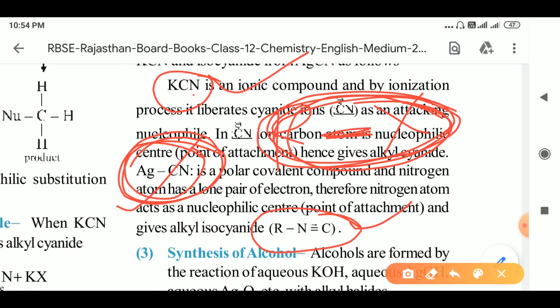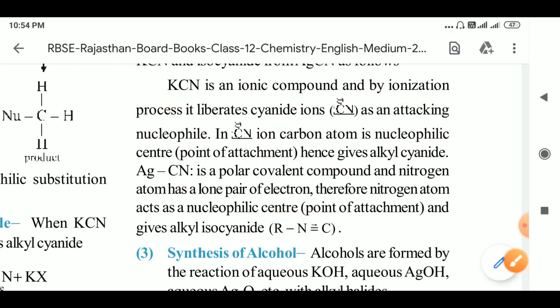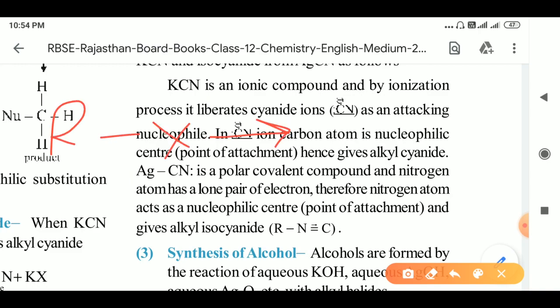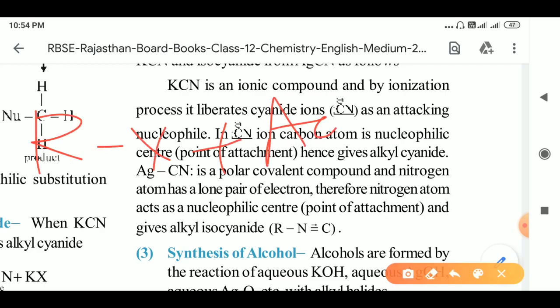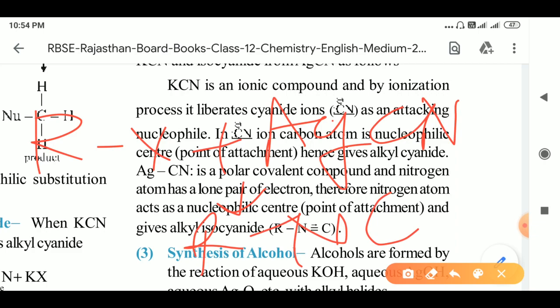Why? RX plus KCN gives RCN. But instead of KCN, if RX reacts with AgCN, it gives RNC.